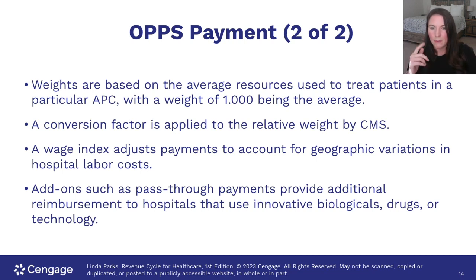Okay. Then we have the wage index to account for cost of living. I mentioned that a few times. It's cheaper to do most things in Louisiana than California. Okay, so that takes that into consideration. And then add-ons such as pass-through payments to give the hospital more reimbursement if they use innovative biologicals, drugs, or technology. Okay.